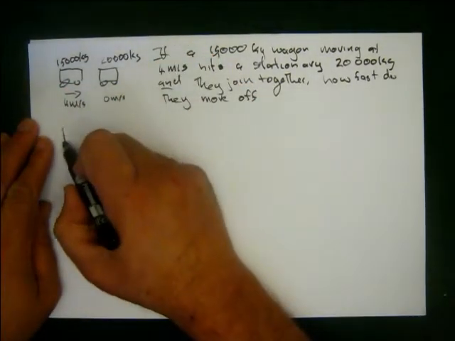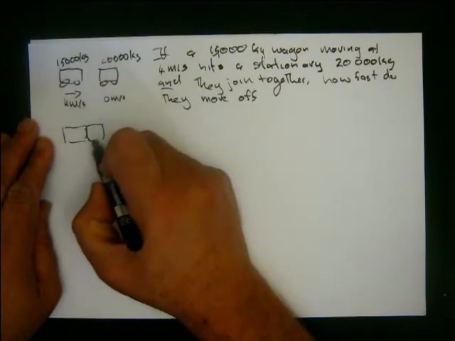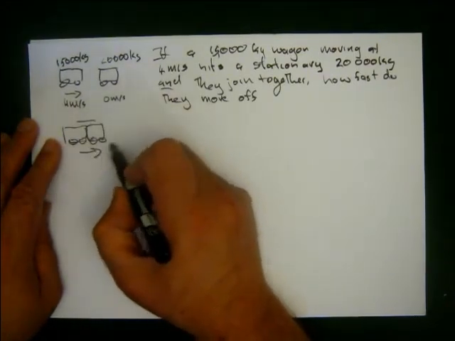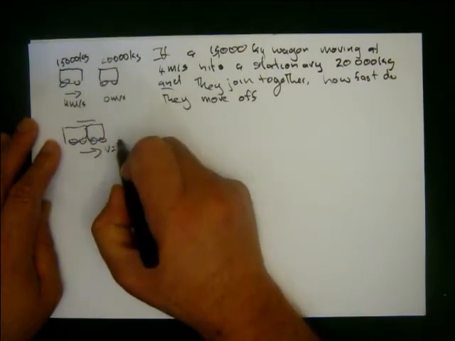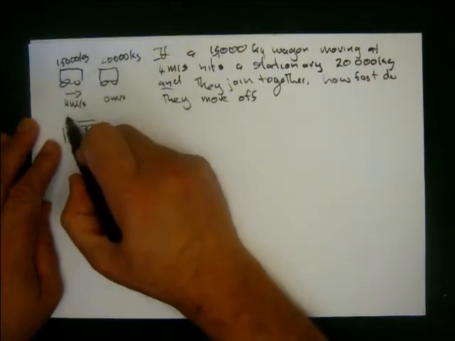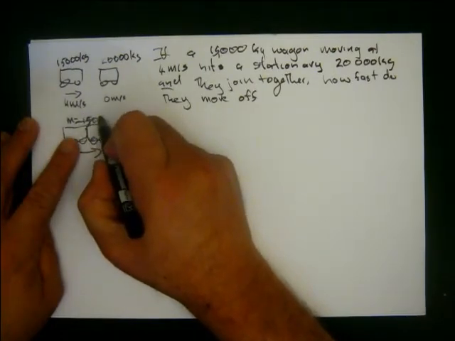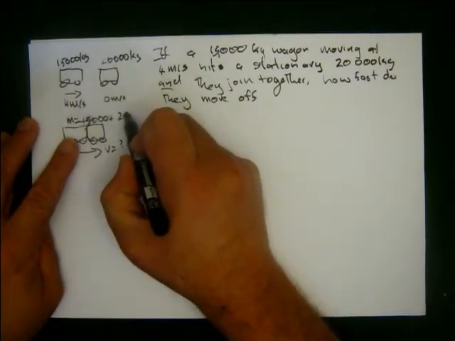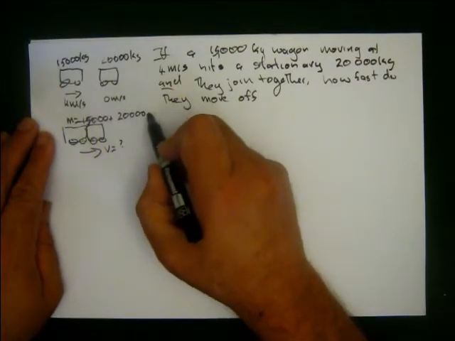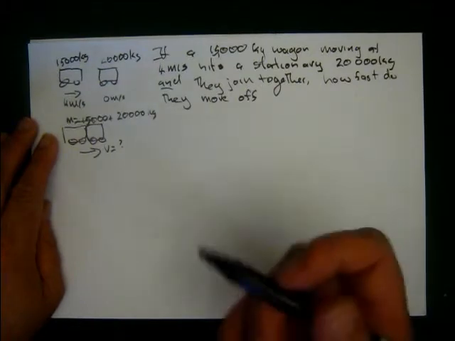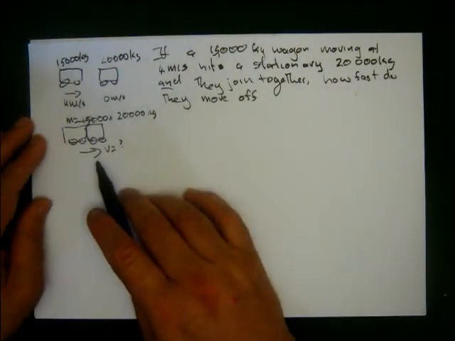And then the after, they join together, they're fused, and they're moving off with a common velocity. V equals question mark, and their mass equals 15 plus 20,000 kg, so it's going to weigh 35,000 kg. So how do we work this out?